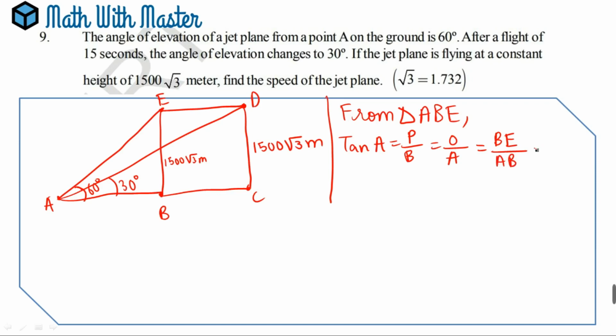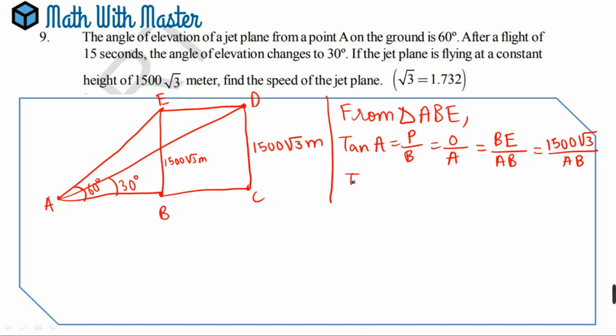BE is 1500 root 3, so it is 1500 root 3 upon AB. Now why have I chosen tan A? Because here perpendicular and base were related, and if we find the value of AC and subtract the value of AB, then we will get the value of BC, what we have to find.